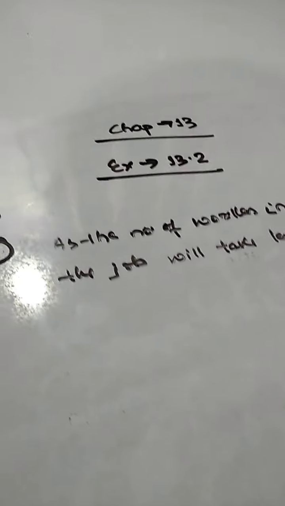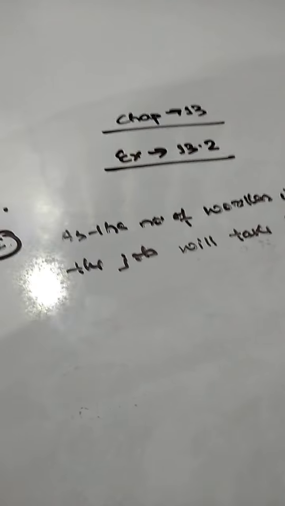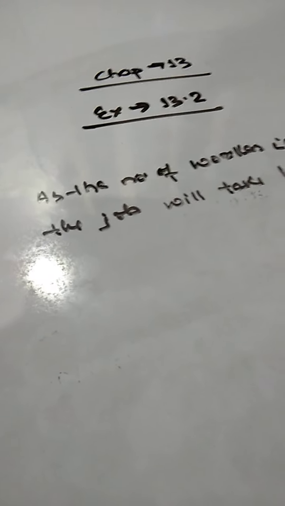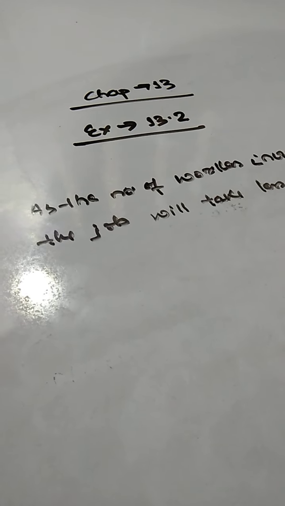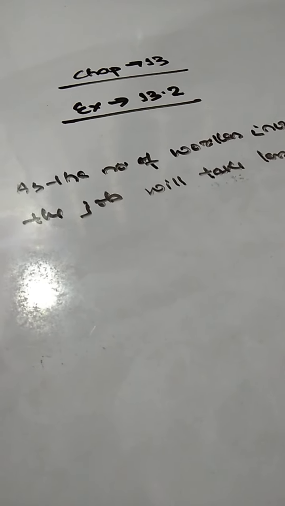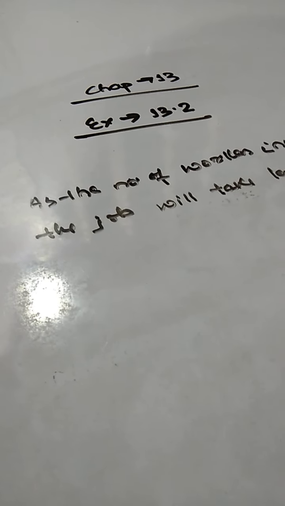Now sum number 3: area of cultivated land and crop harvested. Do you really think that it is inversely proportional? No, it is not, because the more area of land cultivated, the more crop to be harvested.